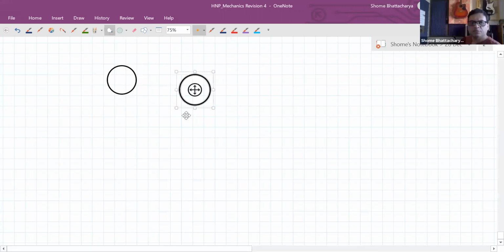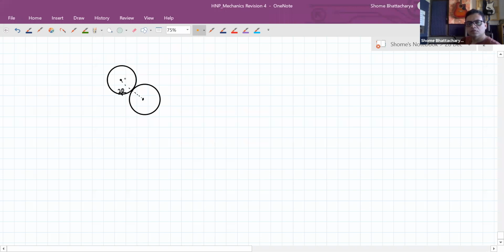So you'll see that at the point of contact, we take the center to center line. This is 2R, and the velocity of this one was along this line, at an impact parameter of d.